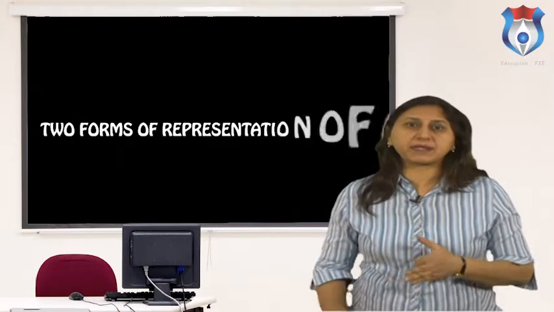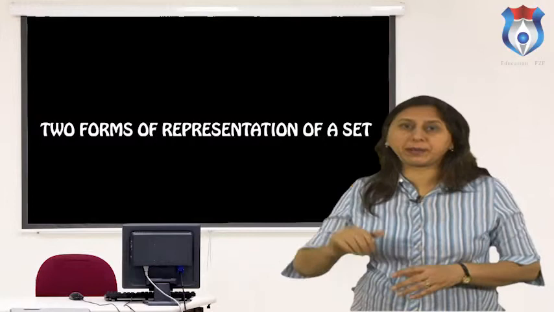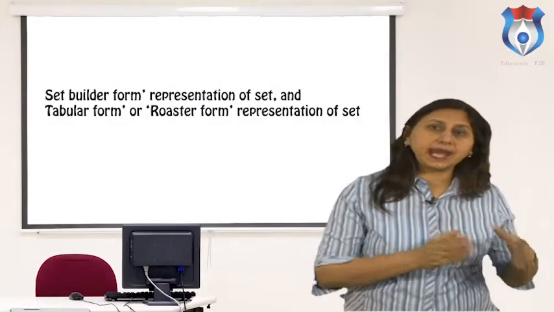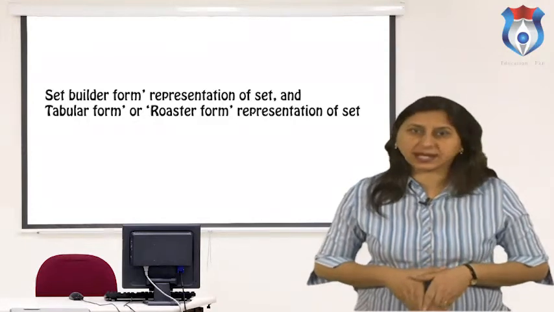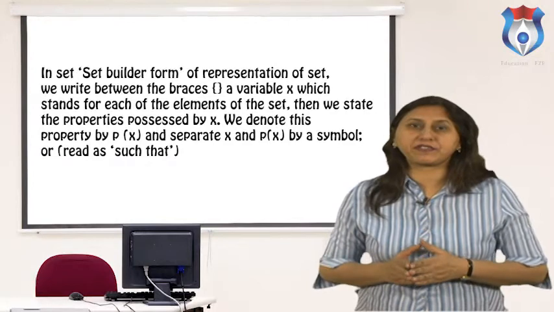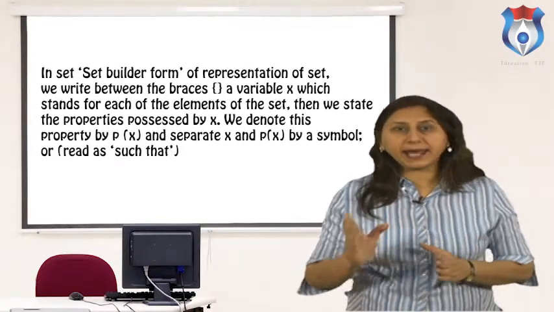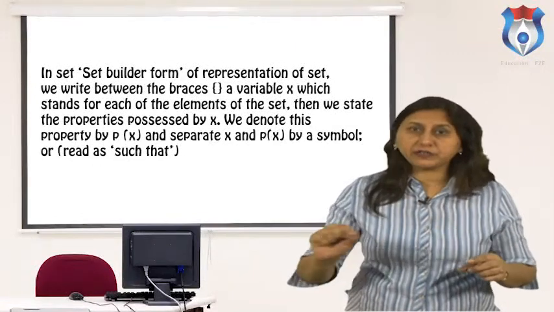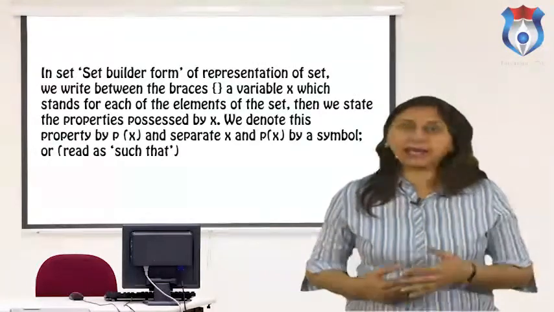Two forms of representation of a set: set builder form and tabular form or roster form. In set builder form of representation of a set, we write between the braces a variable x which stands for each of the elements of the set. Then we state the properties possessed by x.